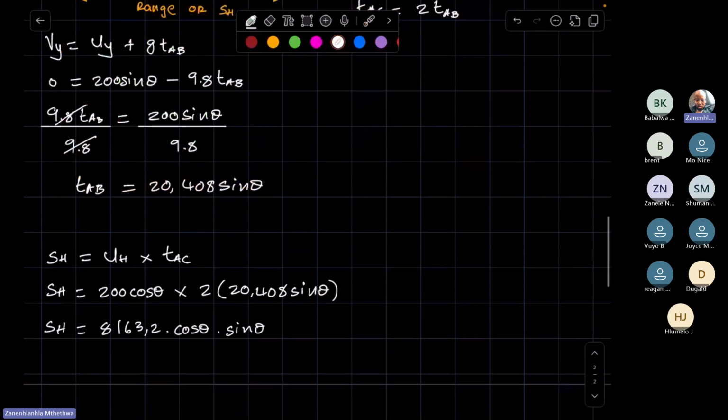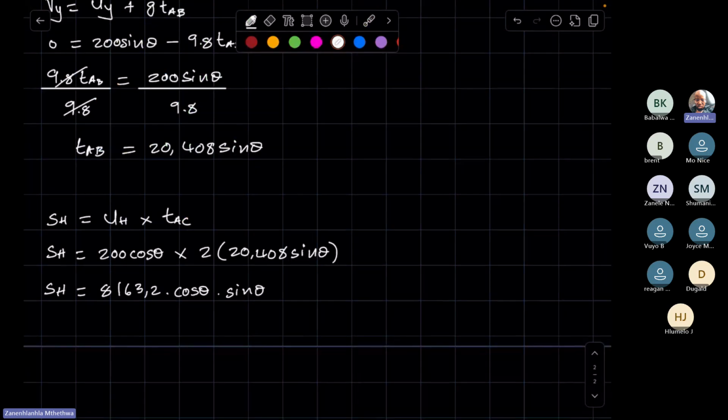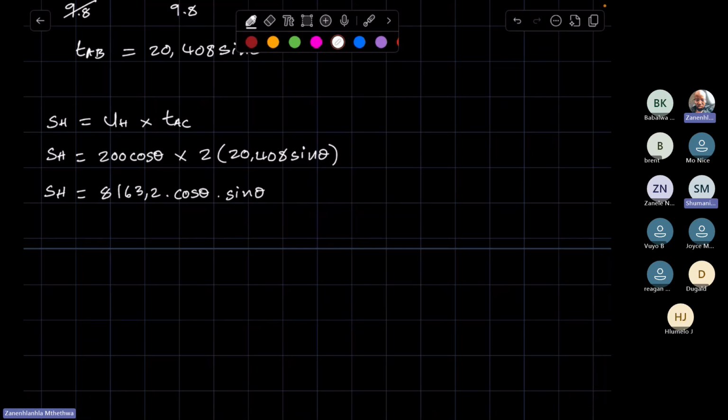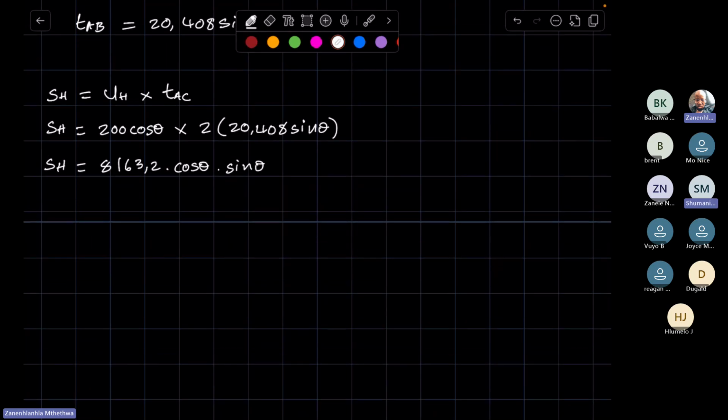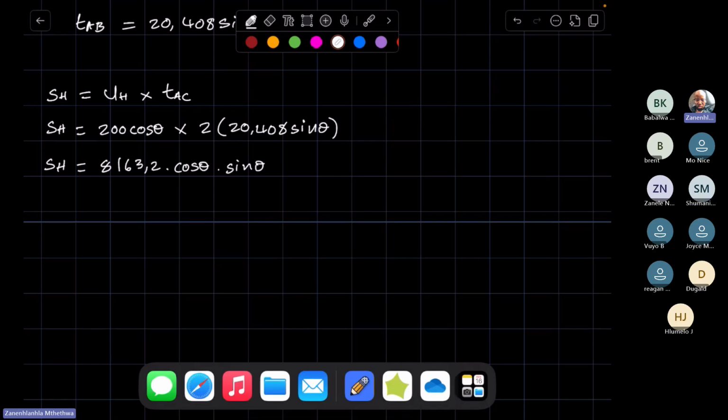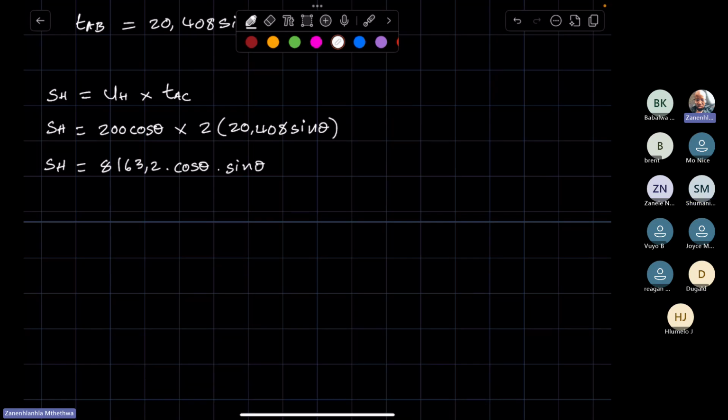So using that side of the projectile, you have to decide on the equation. Just mute yourselves, people. If you want to say something or ask something, unmute yourselves, but as soon as you are done speaking, mute yourselves again.